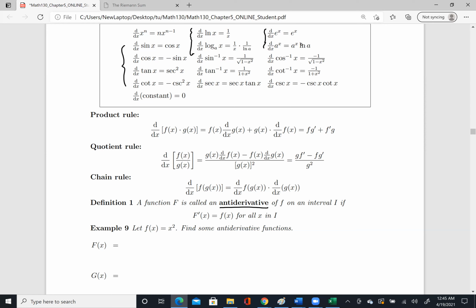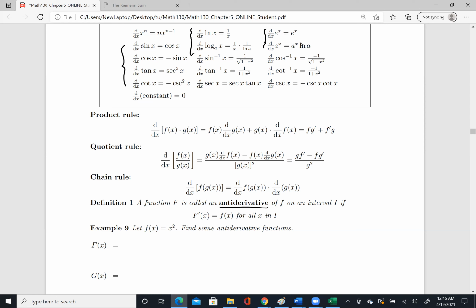Let's do example number 9. Let's try to find some antiderivative function for f of x equal to x squared. So think about it: is there any function that when you take the derivative you're going to get x squared?